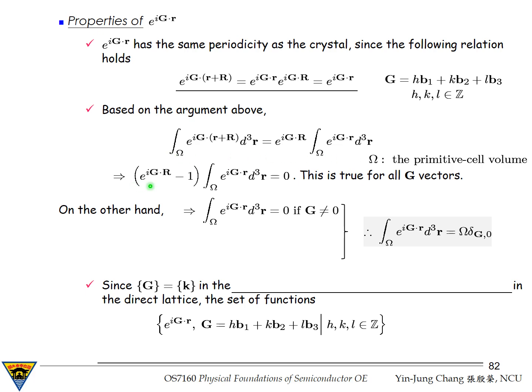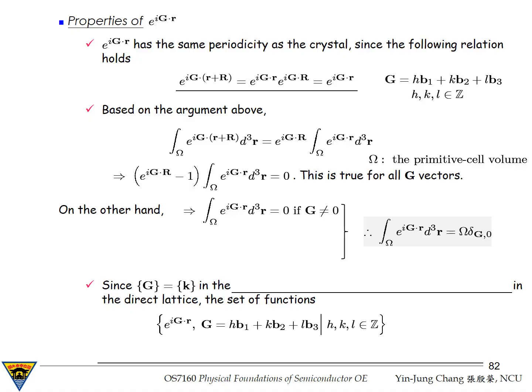Rearranging terms, we obtain this equation, which is true for all reciprocal lattice vectors. Now let's take a closer look at this integral itself. If g is not equal to 0, then the integral of e^(ig·r) over one primitive cell volume must vanish.